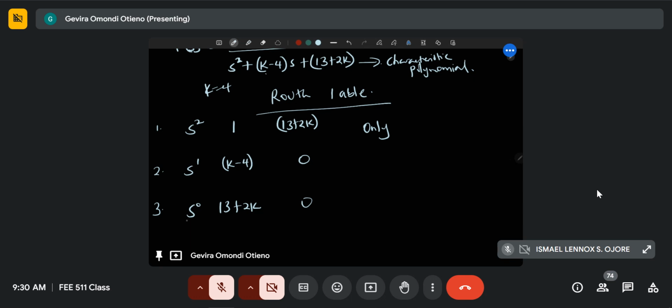Then for the third row, which is S to power 0, if I make K the smallest value, remember K varies from 0 to infinity, so the smallest value of K is 0, then I'll find 13. So this row cannot go to 0. I hope that is clear. Let me repeat.